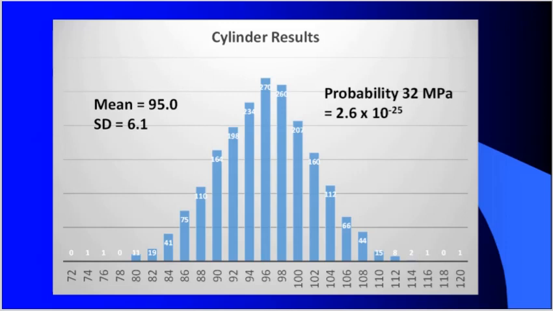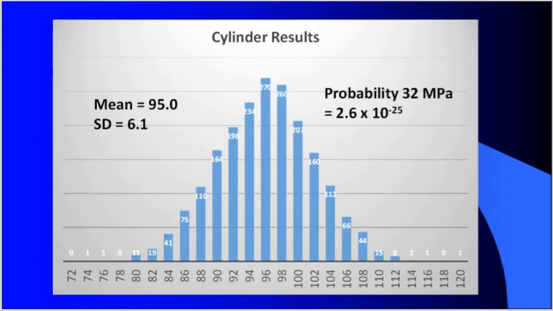So looking at an example of very high strength concrete and looking at the actual statistical results from an actual structure, the mean strength of the concrete was 95 MPa. The design strength was 80 MPa, and the standard deviation was 6.1 MPa.